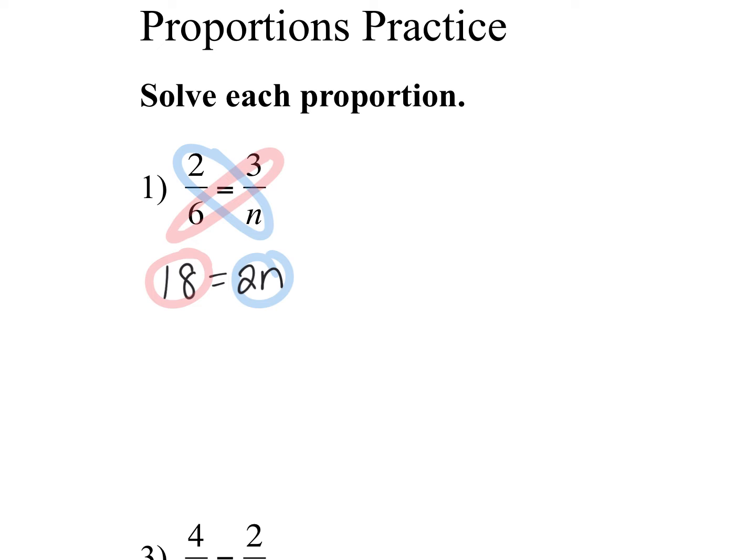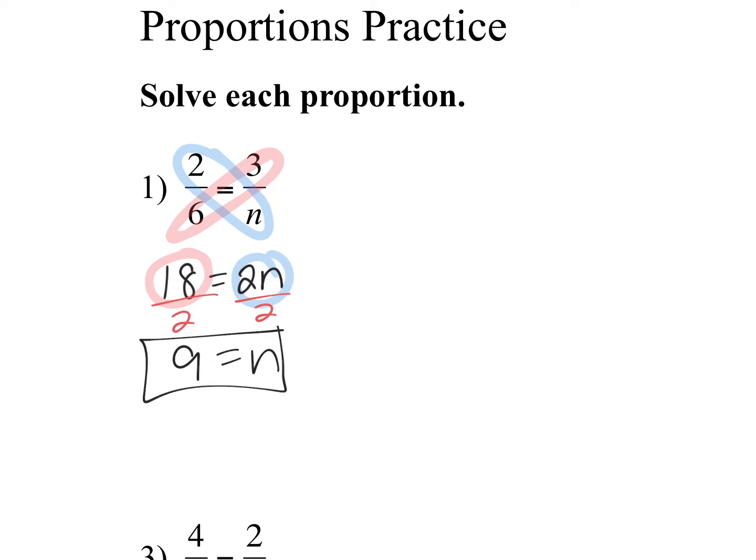That's how I got those numbers. Now it's just a basic algebra equation where you get the n by itself: divide both sides by 2, so n must be 9.